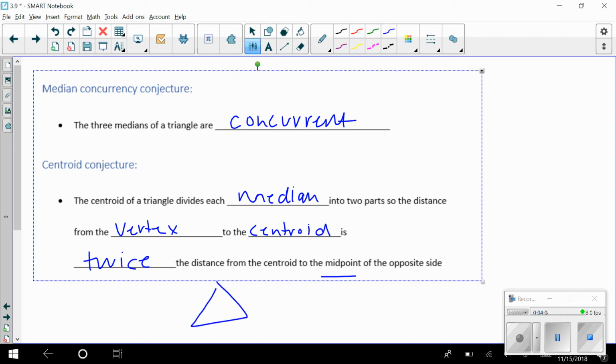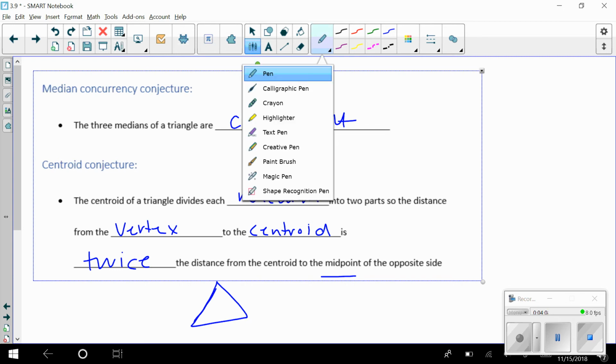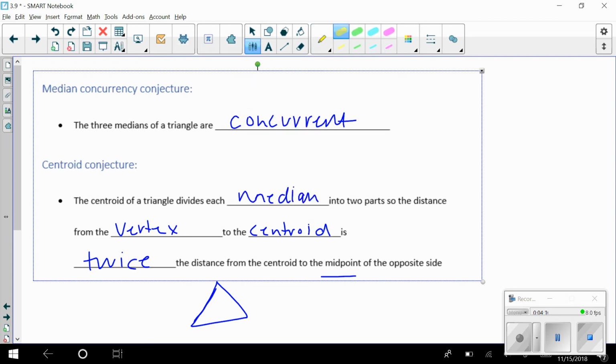And remember, if you're having a hard time determining what is the midpoint or what is the opposite side, put your finger on the vertex and the side that you are not touching is your opposite side. So the centroid of a triangle divides each median into two parts, so the distance from the vertex to the centroid is twice the distance from the centroid to the midpoint of the opposite side.